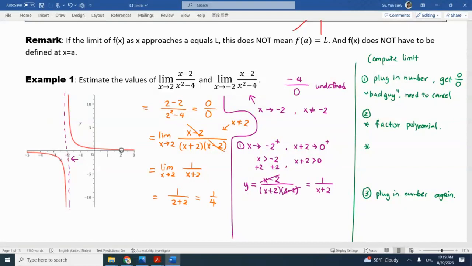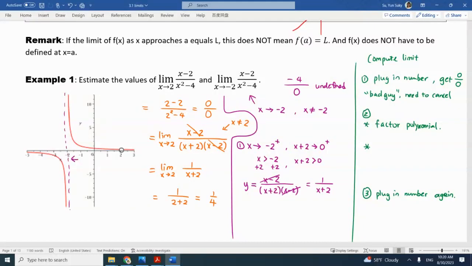1 over 0 minus, it will be negative infinity. Okay? And this is not just 1. It's any positive constant. Over 0 plus is plus infinity. Over 0 minus is minus infinity. Okay, if you have a negative constant, you count how many negative signs. 2 negative signs make it positive.